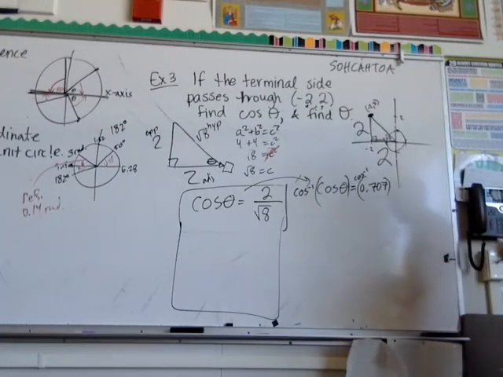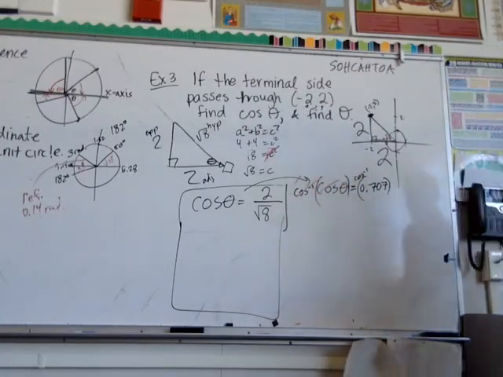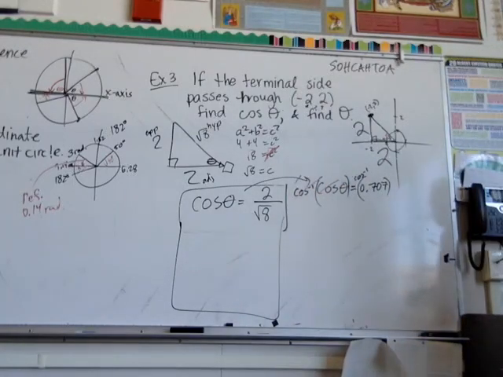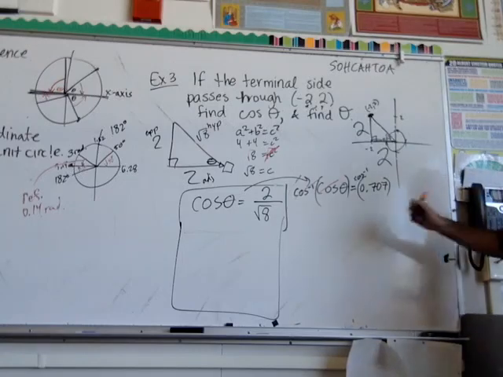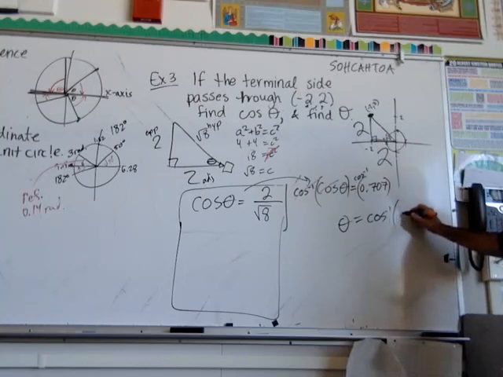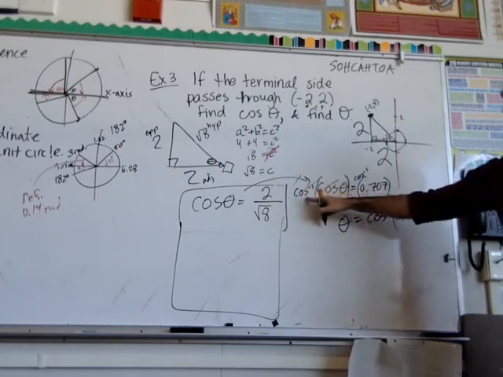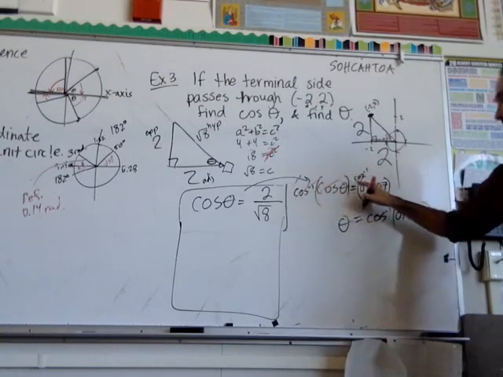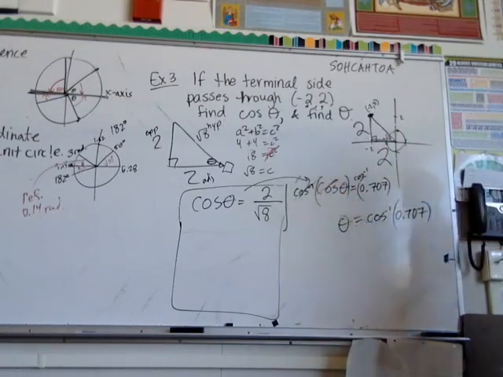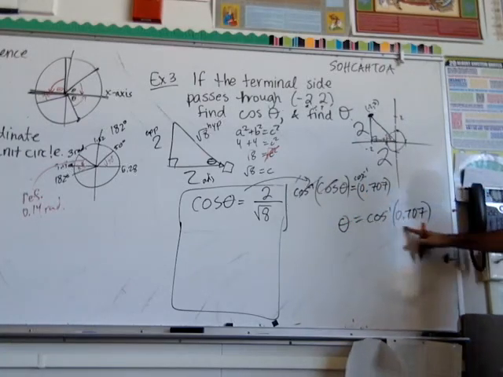When you take the inverse of an operation, it cancels it, just like multiplication and division cancel. A month ago, we were learning it where I just said theta is equal to the cosine inverse of that problem. The way we get down to this is by taking the inverse cosine of both sides. It cancels out cosine on the left, leaving just theta. And then we end up with what's left over there.